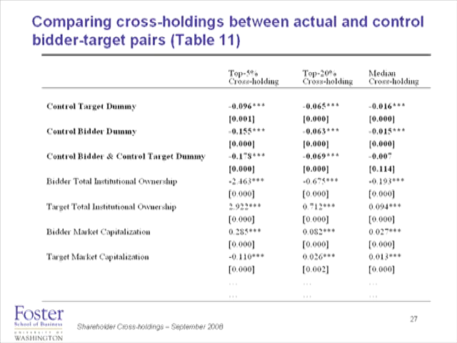Okay. Then we actually do it in a regression, and this is basically we take that model of what explains cross holdings, and we add to it dummies for the firms.